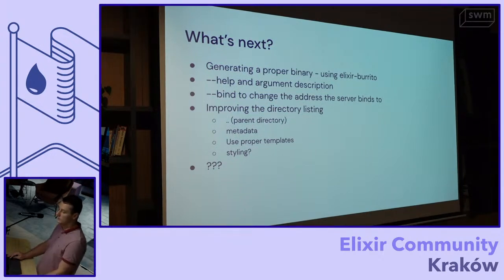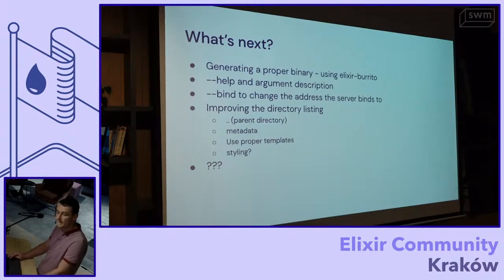One option that is available in Python and isn't right now in Manger is the bind argument, which you can use to set a different IP for the server to bind to. And of course, improvements can be made around this directory listing. The one thing I'm missing from the Python one is the link to the parent directory.